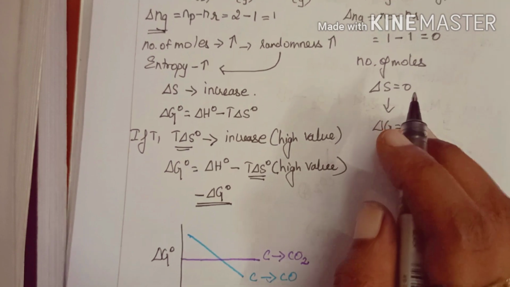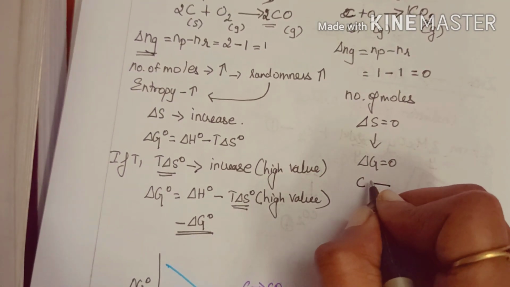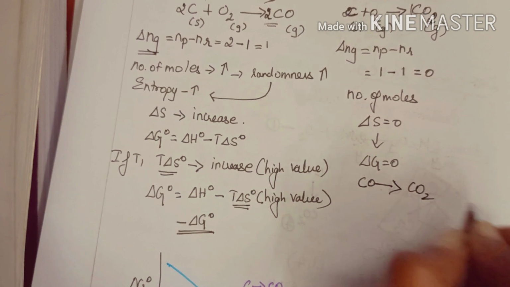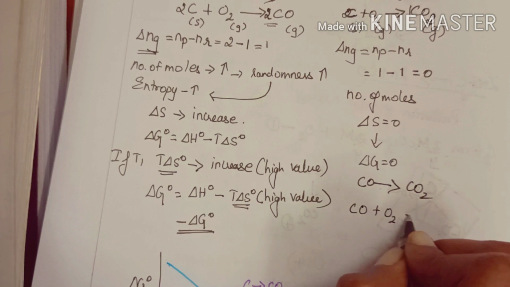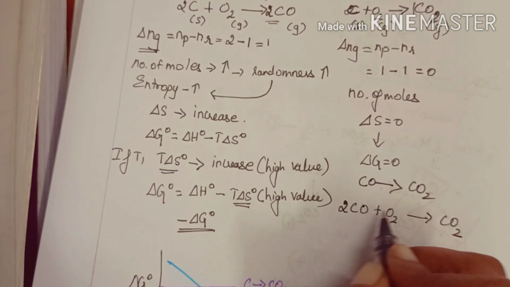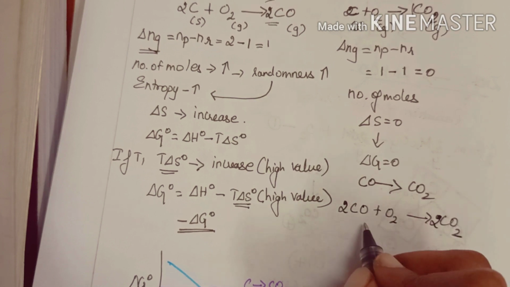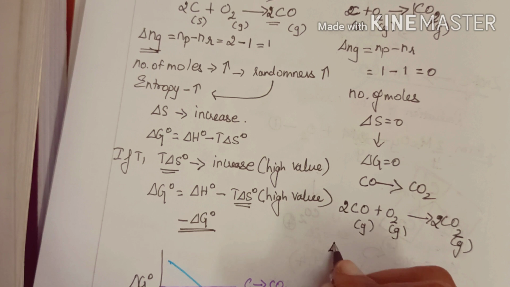Now the last is carbon monoxide to carbon dioxide. So the equation is CO plus O2 gives CO2. Now if I balance it, 2CO plus O2 gives 2CO2. Now this is gas, gas and gas. So what will be delta Ng?